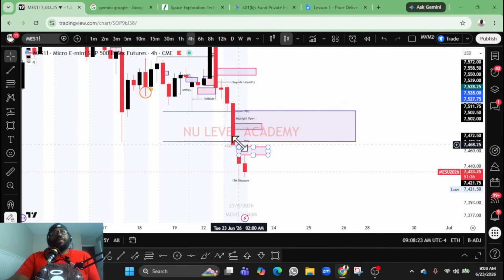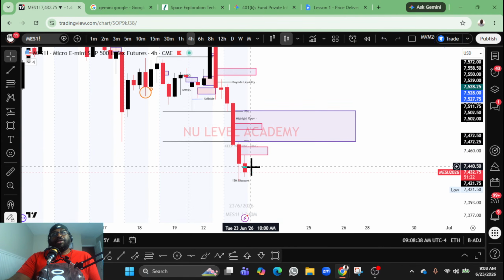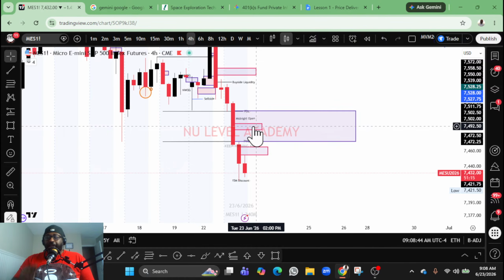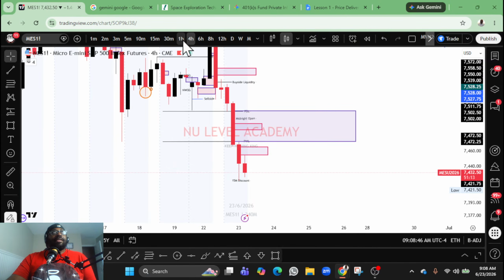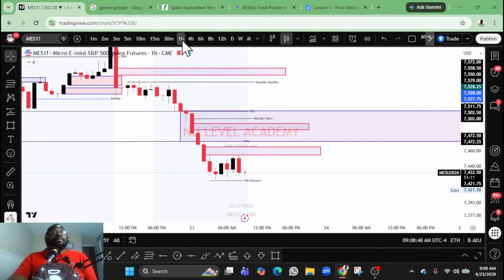But look at how once the market had full displacement here at around 10 o'clock last night, had full displacement here and left this fair value gap. Look at here. Look at the reaction. So possibly we could be looking for longs here, retracing back to 50% of this fair value gap. That's an idea, right?